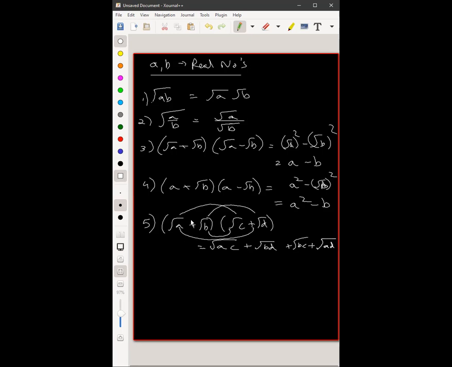Got it? First term into first term, second term into second term, combine the inners, combine the outers. Easy way to remember these kind of binomial into binomial, right?